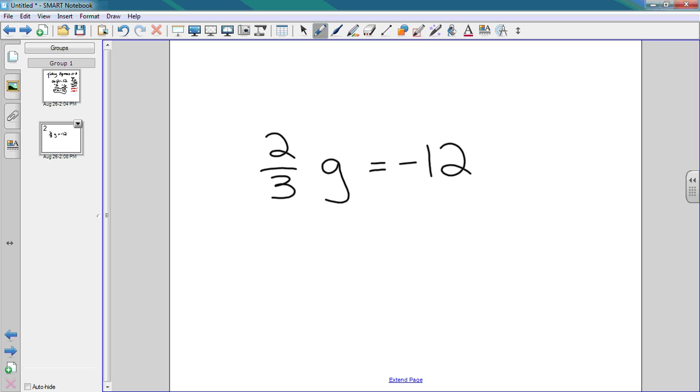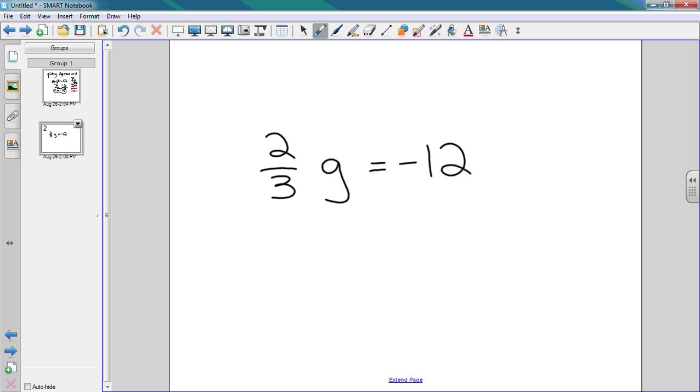How do I solve something that looks like this? Divide by 2/3. But when I divide by a fraction, what is that also known as? I think you said it. What did you say? Multiplied by the... Yeah.